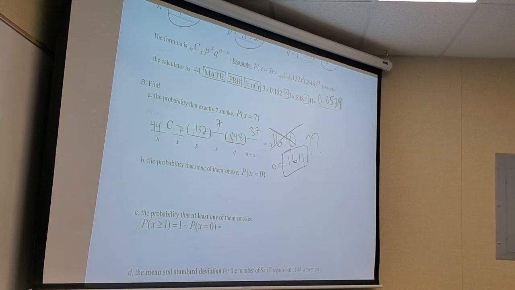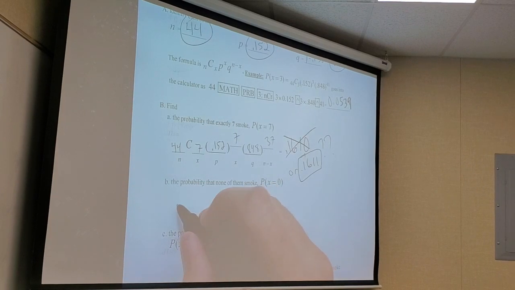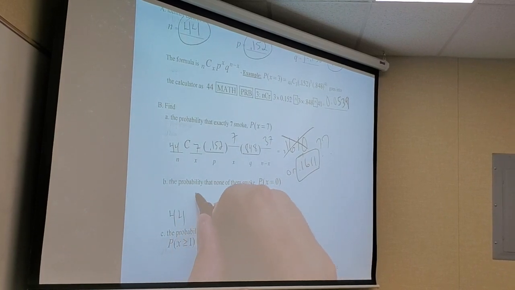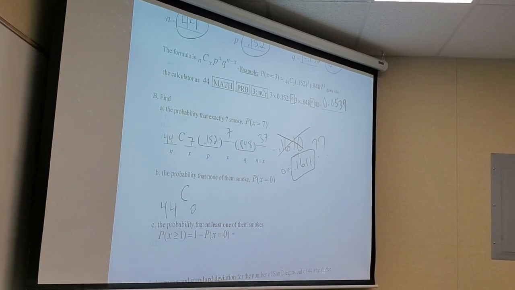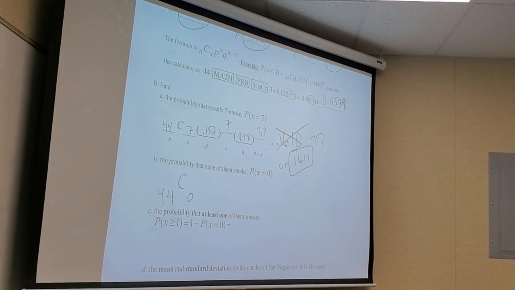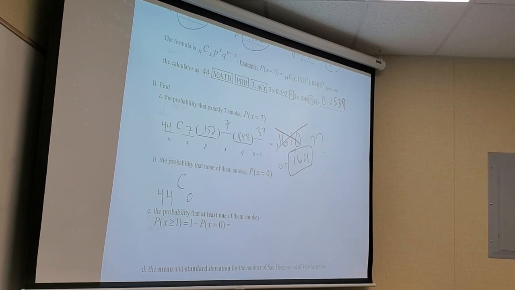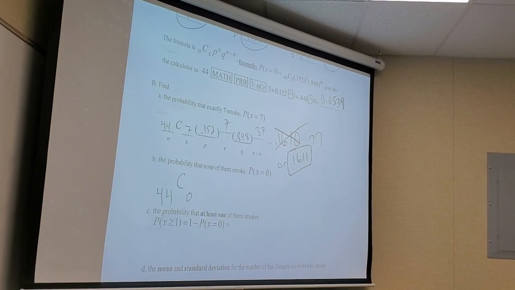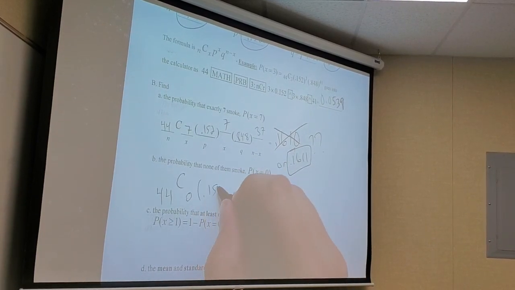Part B gets strange. The formula is pretty simple. How many ways do you think there are to choose nothing? I don't mean like, I don't want any of them, no, thank you. I mean, there's one way to choose nothing. You just don't choose anybody, right? Not all the various faces you can make as you do. So that's one. How many successes do I want on this problem?